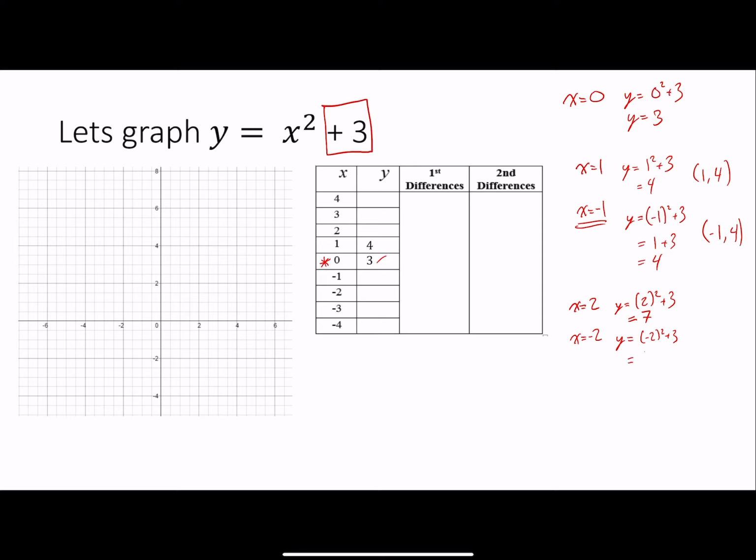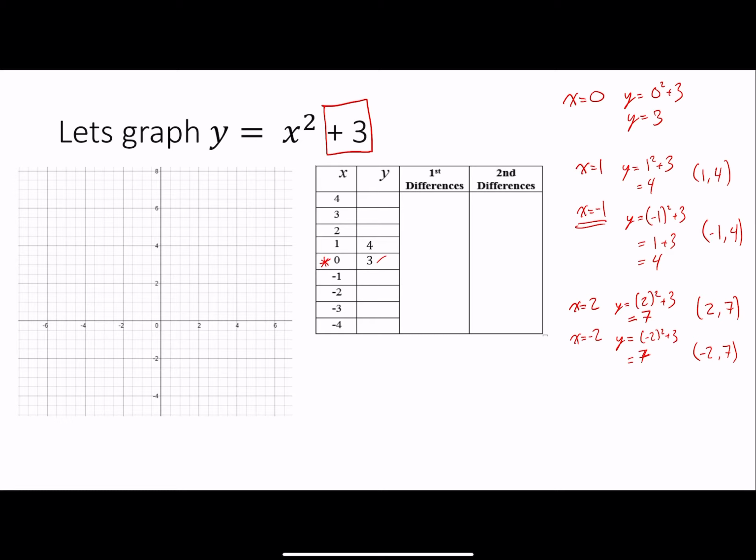Here's the case here too, 7. Now, finding all these points is a lot of work. That's why I taught you the step pattern earlier. The point is to find the vertex.